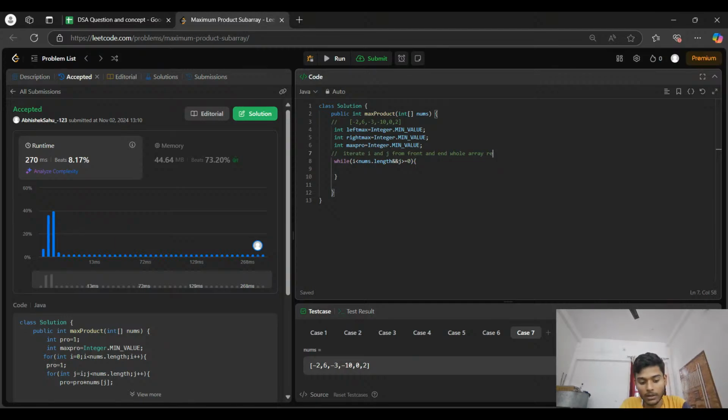We are using the two pointer method, right? There's a two pointer method.